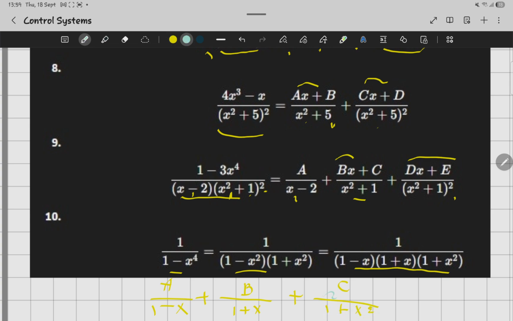So, because we have 1 here, we're going to write it in that form, if I'm not mistaken. Okay, so it's going to be something like this.